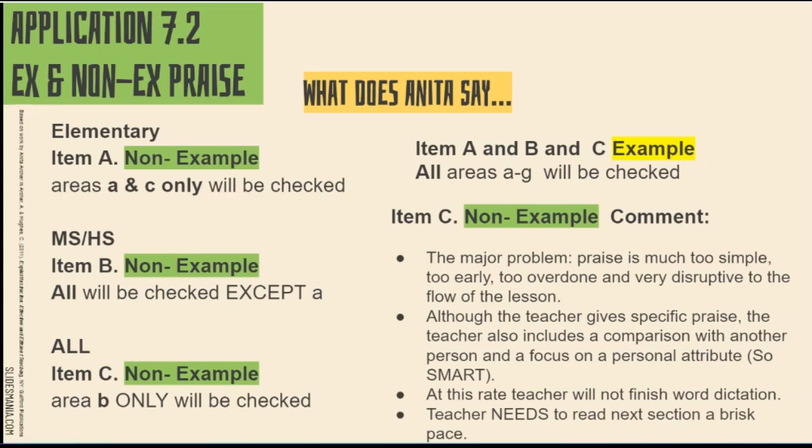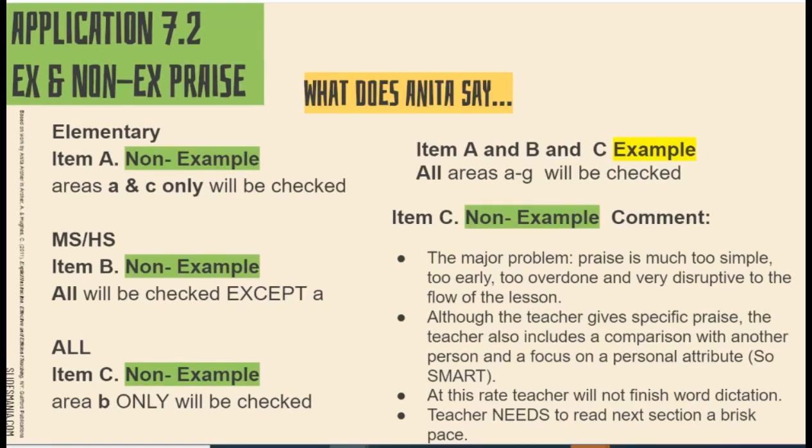I provided on the screen the actual comments for item C, non-example. Remember that the major problem is praise is much too simple, too early, too overdone, and disruptive. This is what we were talking about in the checklist. Also, although the teacher was giving specific praise, remember that they used the words so smart.